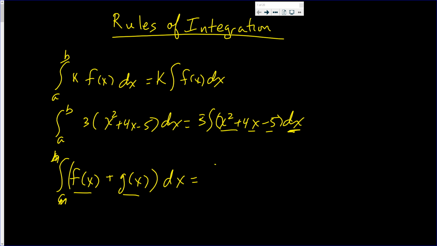Same with integration. You can take the integral of f of x dx and then add on to that the integral of g of x dx. In fact, even if it were minus, you can just subtract the two.